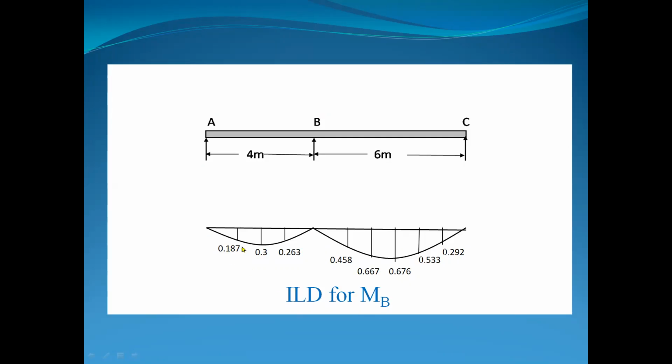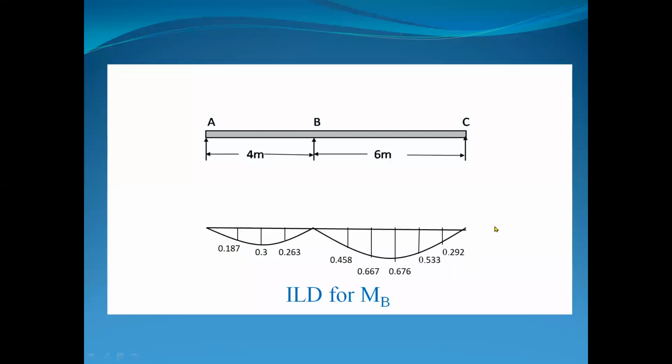Now you can observe here all the ordinates are negative. That means if the load is anywhere between A to C, there will be hogging bending moment at B. There will be negative bending moment at B for all positions of load from A to C. Now what is the use of this diagram?